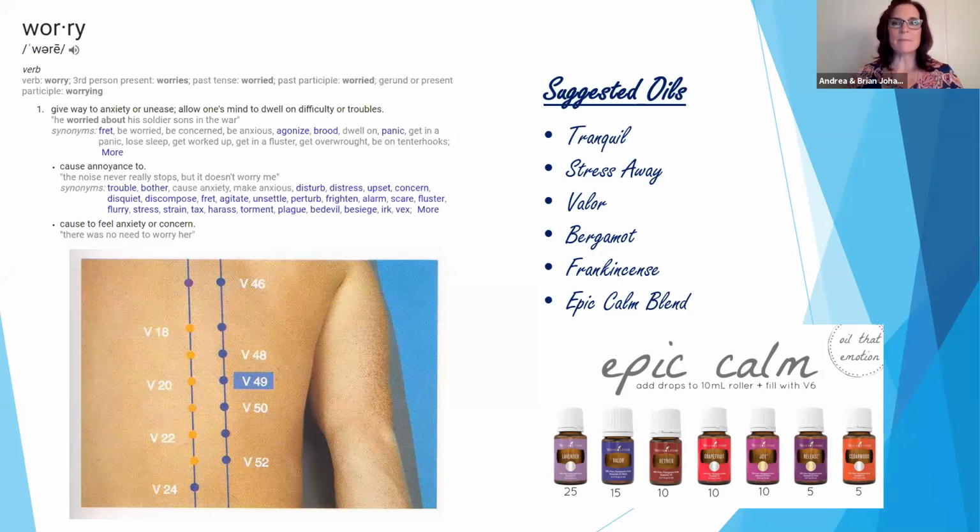And when I say Epic Calm Blend, that's down at the end of the screen, and you'll have that recipe when you get this presentation tomorrow. It's just a combination of those oils in a 10 milliliter roller bottle that you then fill with a carrier oil of your choice. So those are all good options.